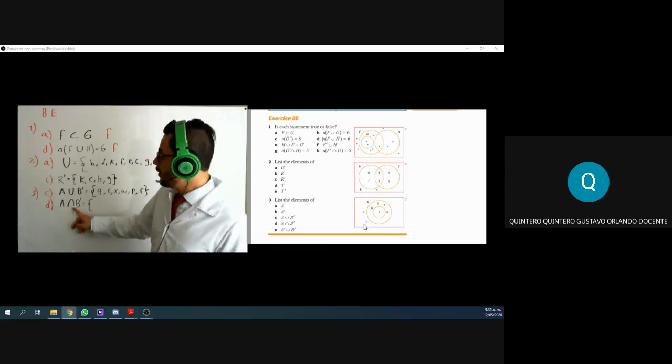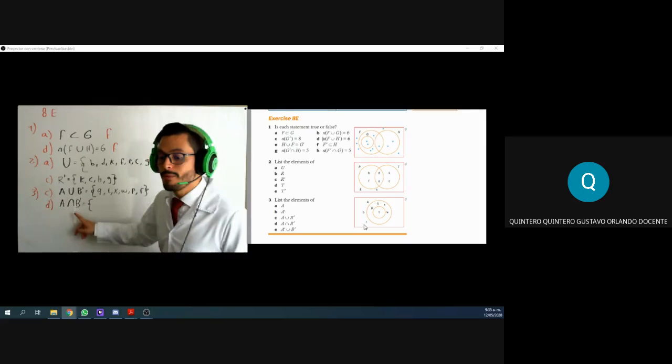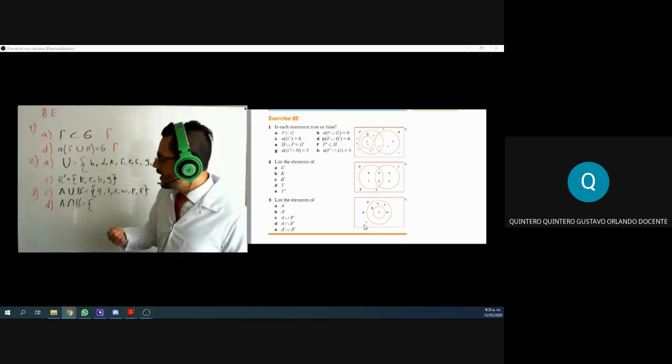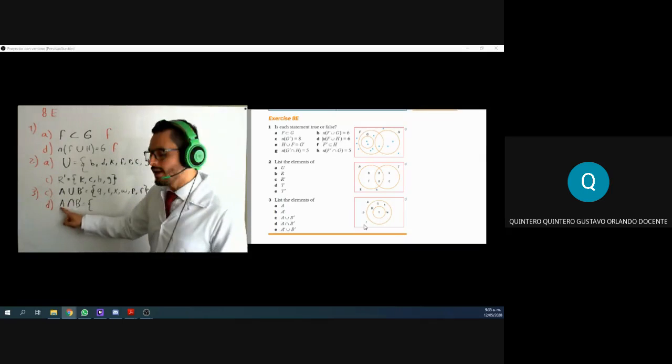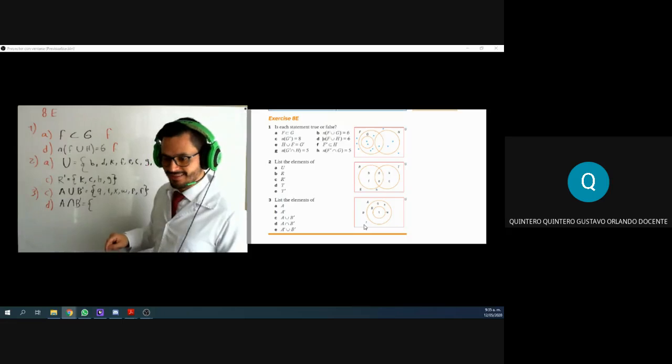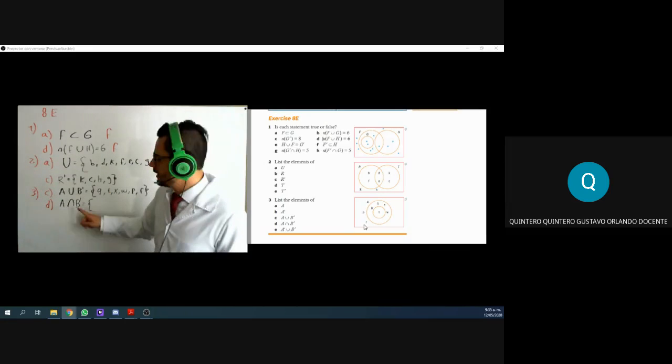No. You want to list the elements that are on both, the ones that are common to A and B complement, the ones that are in A and are also in B complement.